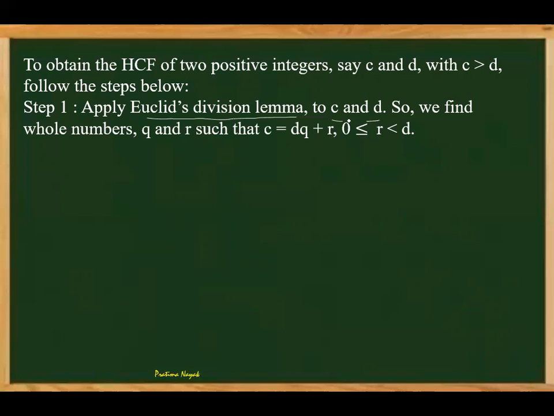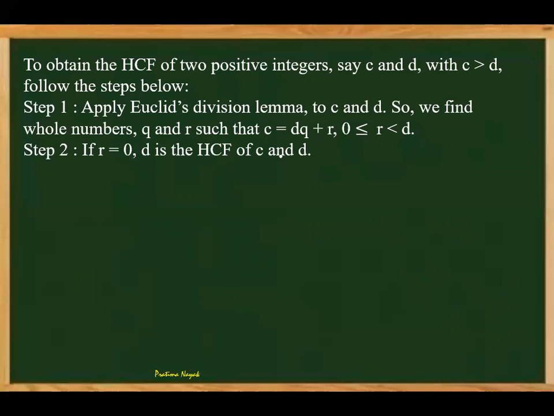What is the application? We'll write c and d in this form: c is equal to d times q plus r, where r is greater than or equal to 0 and less than d.